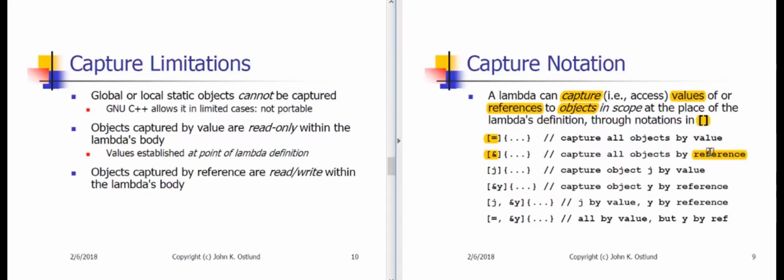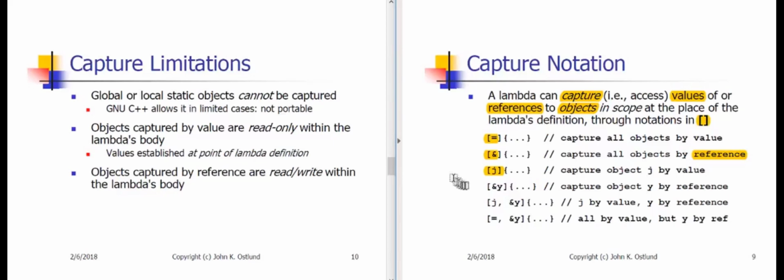As opposed to capturing all of the objects in scope either by value or by reference, you can constrain which object or objects you want access to by just naming that particular object. So for example, if there is some object j within the scope where you're defining your lambda, you can give j within the Lambda Introducer to indicate that within the body of the lambda you just want to be able to use the value of j.